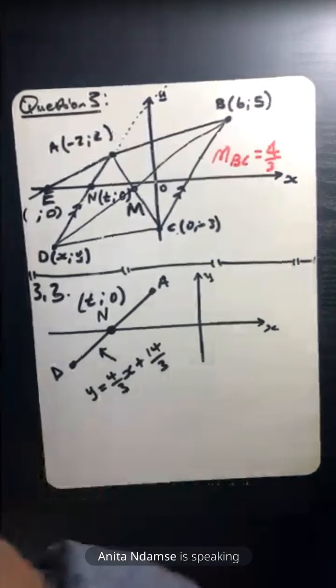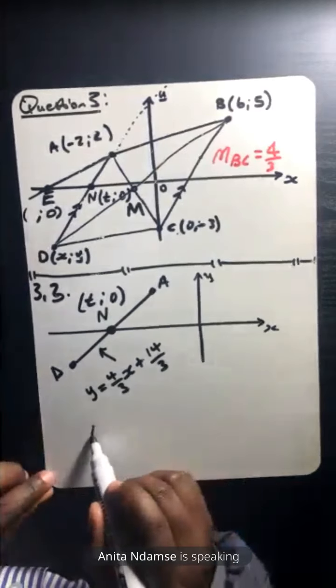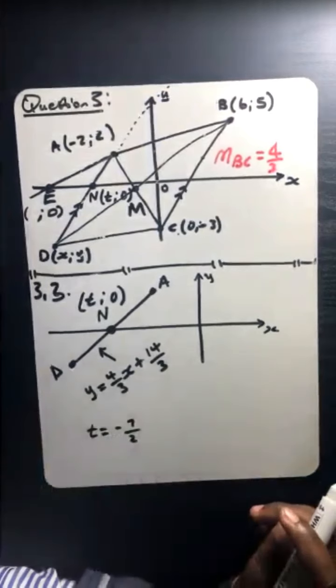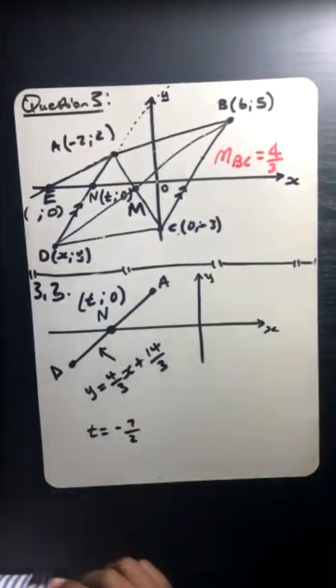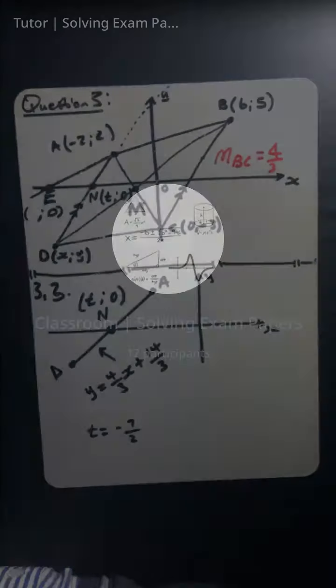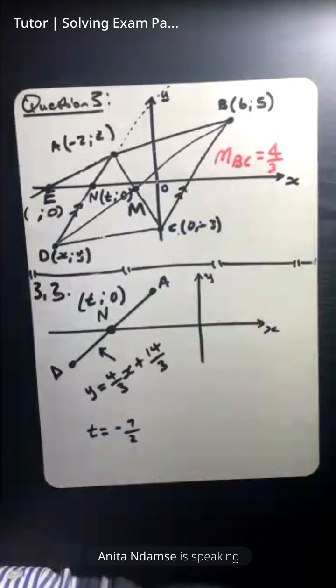It's -7/2. You are saying t is equal to -7/2. Can you maybe explain? But remember to tell us where you are. I'm in Western Cape.